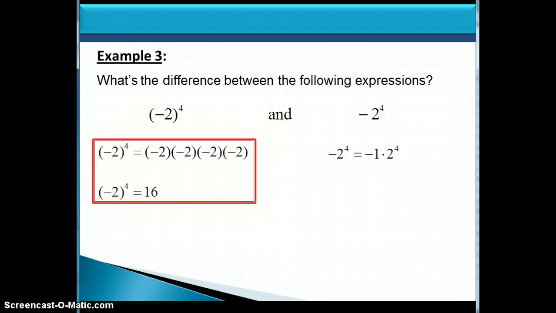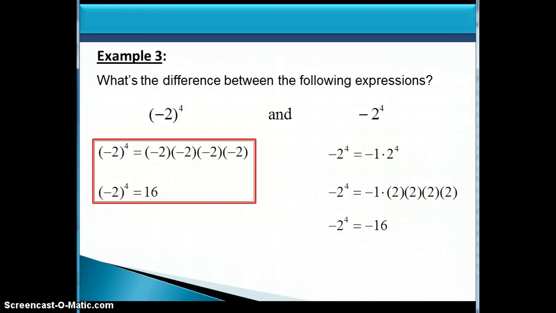So we raise a positive 2 to the 4th power. So that means 2 times 2 times 2 times 2. And then we're going to multiply that result times negative 1. Well, here we have 5 numbers being multiplied together. Only one of them is negative, so that's an odd number of negative numbers multiplied together, which will give us a negative answer.